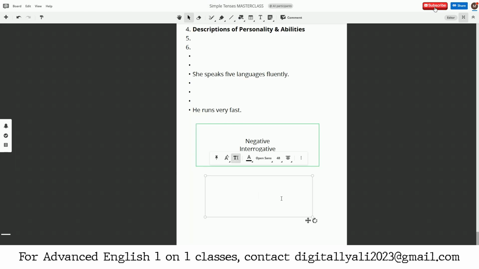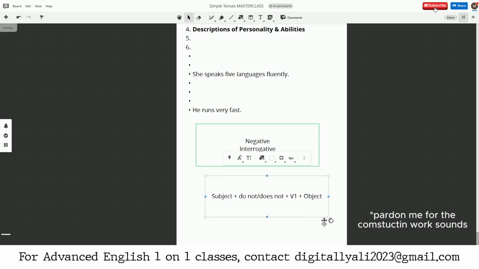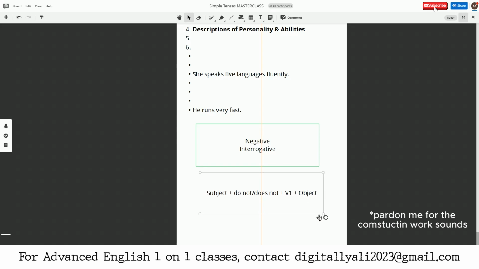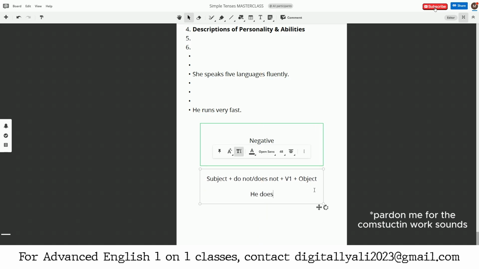For negative, it will be subject plus helping verb or auxiliary verb, do not or does not, plus the verb itself. So he does not eat pizza, he eats fruits, right? He does not eat pizza.